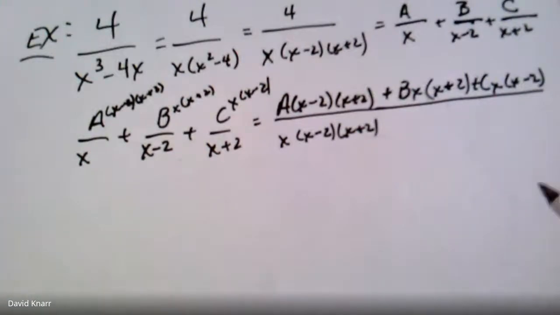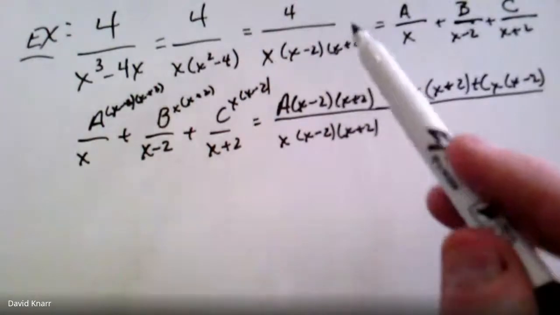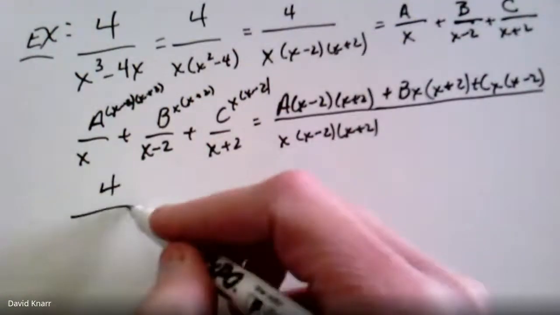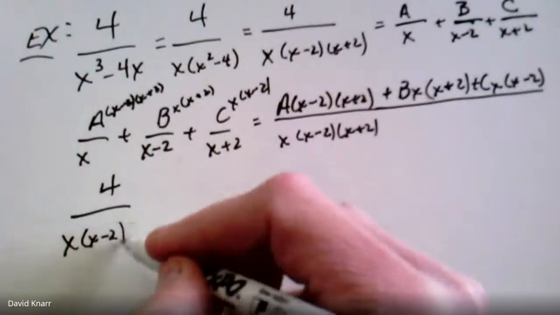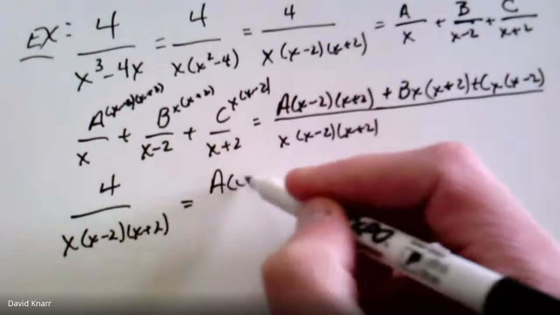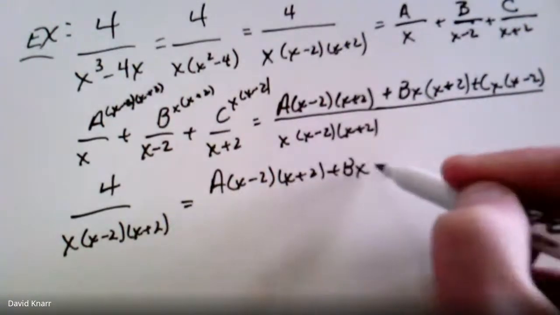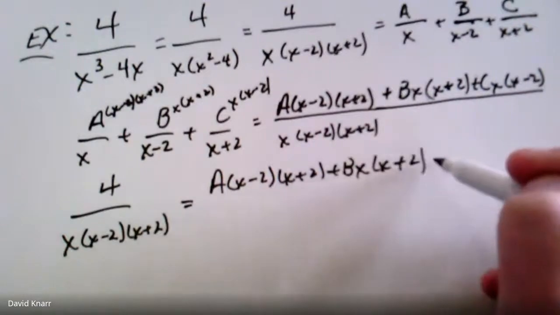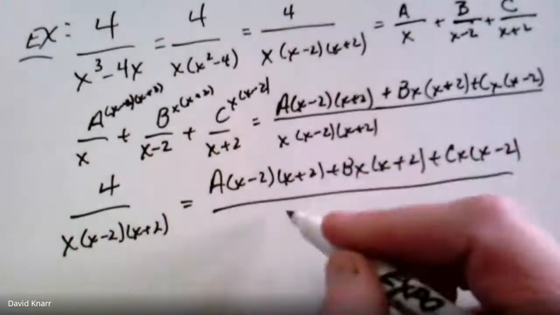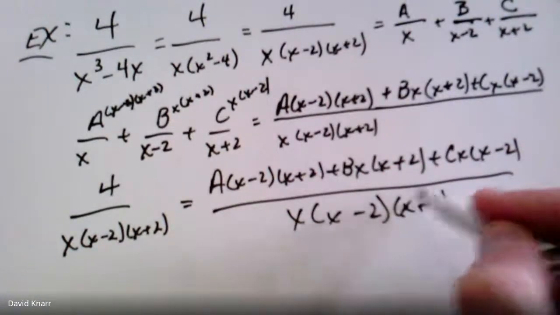All right, now, if you go back to your step before, we have this. So let's write it down here. We want 4 over x, x minus 2, x plus 2 to be equal to a, x minus 2, x plus 2, plus bx, x plus 2, plus cx, x minus 2, all over x, x minus 2, x plus 2.